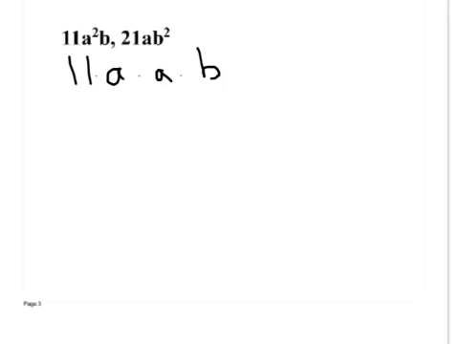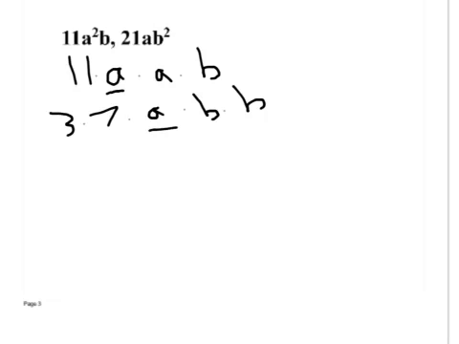21ab squared. What are the factors of 21? 3 and 7. Then a, and b squared is b and b. So we go through. Does 11 match up with anything? Does 3? Does 7? What about the first a?